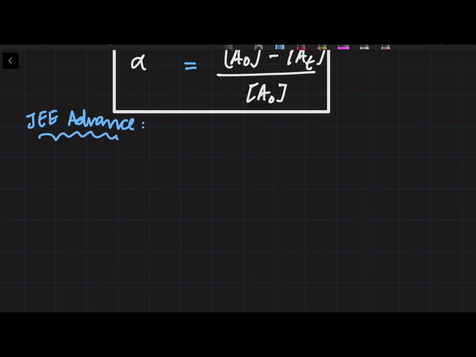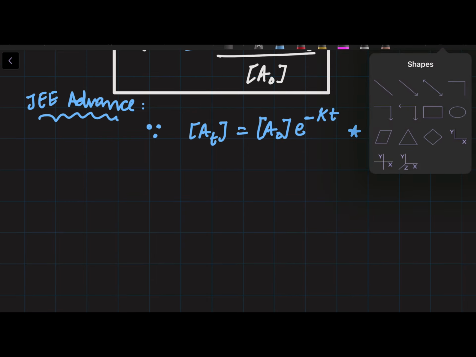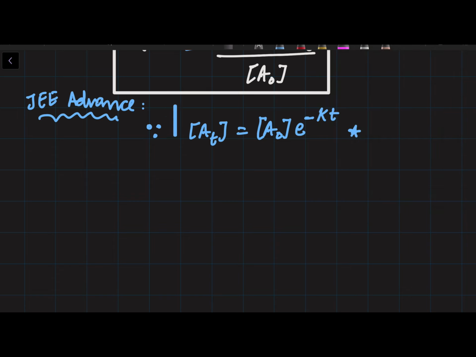Since everybody knows that the concentration of A at any time t is equal to the initial concentration times e raised to the power minus kt. If you don't know from where the expression has come, I can give you more detail also, so please comment for the same.